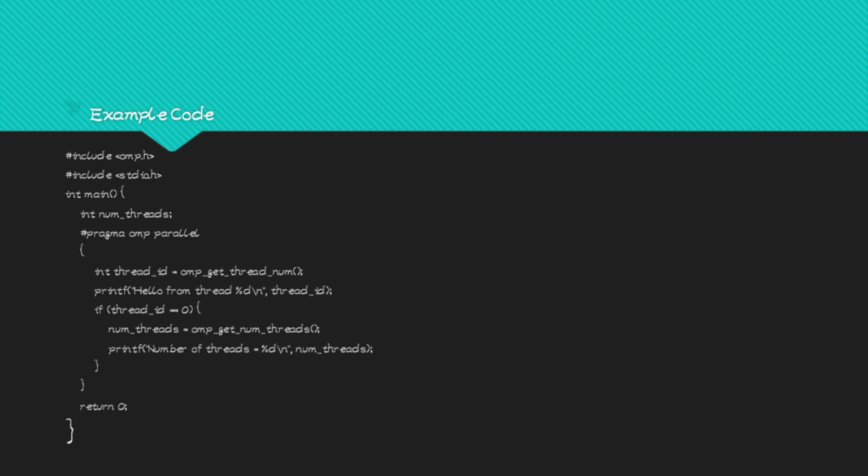On line 5, we have a string that says pragma omp parallel. This creates a team of threads, and each thread executes the code within the block. So that one just creates the threads.